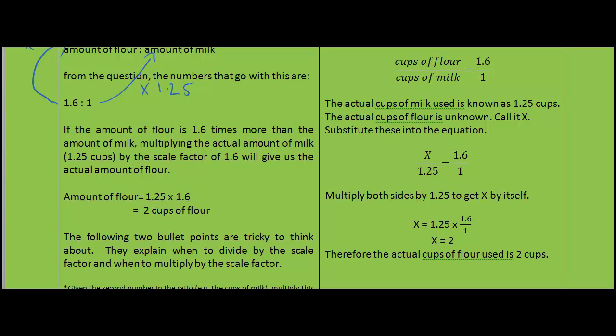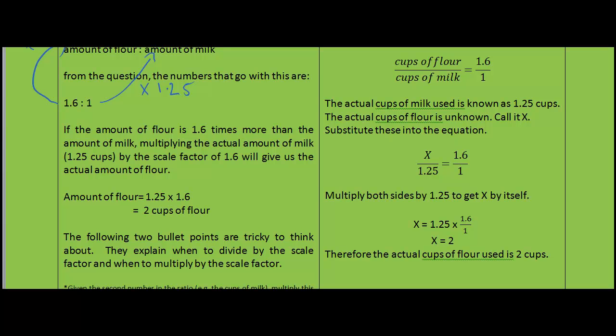What we don't know is how much flour is used. Again, since we don't know how much flour is used, let's give it a symbol. Let's call it X. Substituting the number 1.25 and the pronumeral x into our original equation, we get x divided by 1.25 will equal the unit ratio 1.6:1.